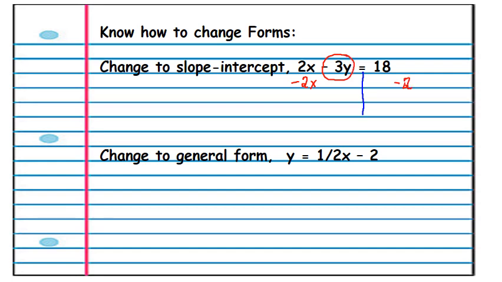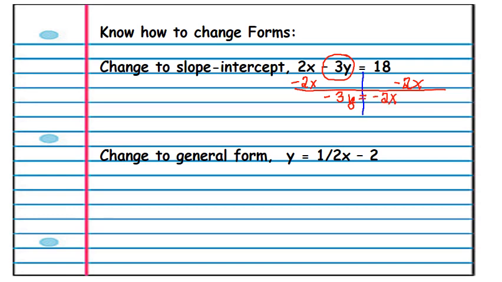I do not put the negative 2x or the minus 2x under the 18 because they're not like terms. Step by step. Negative 3y equals, I like putting the x first.